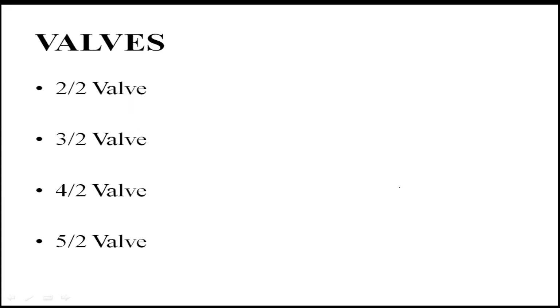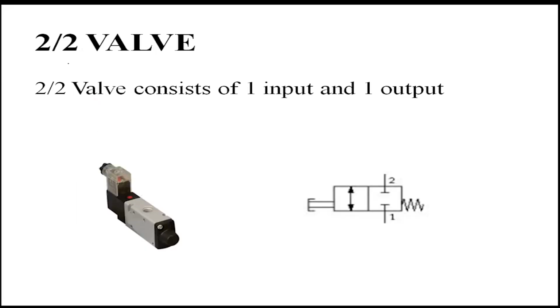Next, coming to the valves. Here we have 2x2 valve, 3x2 valve, 4x2 valve and 5x2 valve. These all are the directional valves we are using in pneumatics. 2x2 valve means, totally this 2x2 valve consists of one input and one output. That's why it is called as 2x2 valve.